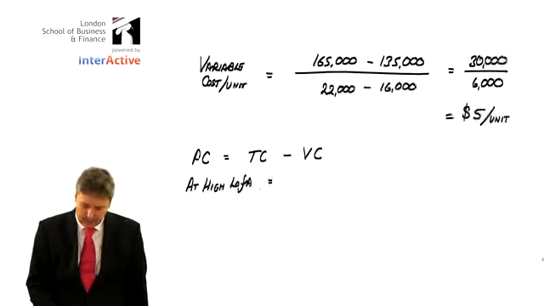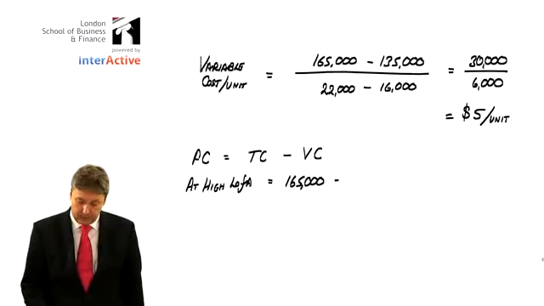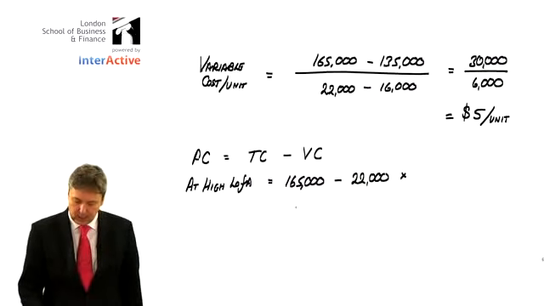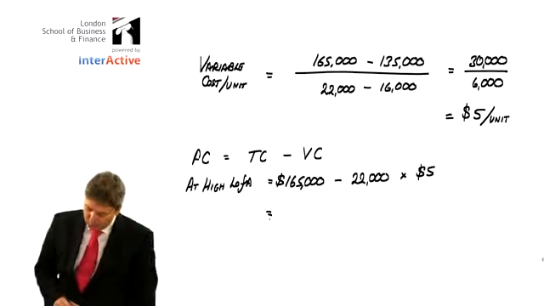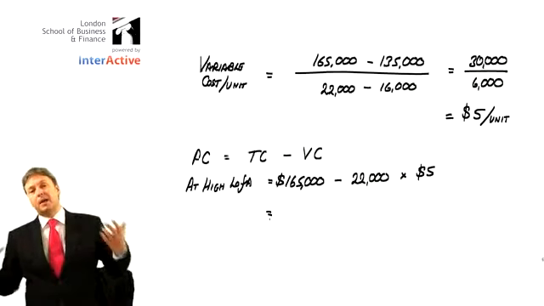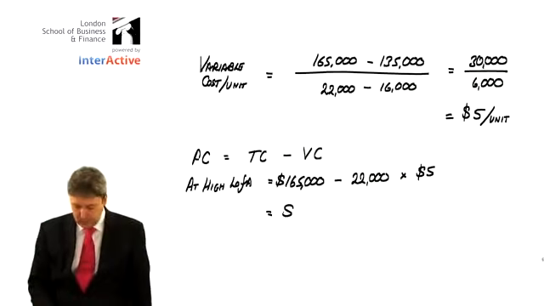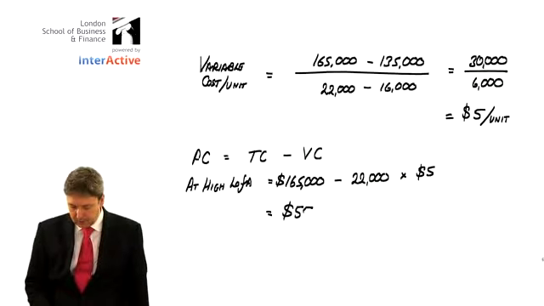At the high level of activity, the total cost was 165,000. At the high level of activity, we had 22,000 units, each of $5. Therefore, we end up with a fixed cost of 165,000 minus 110,000. We end up with a fixed cost of 55,000.